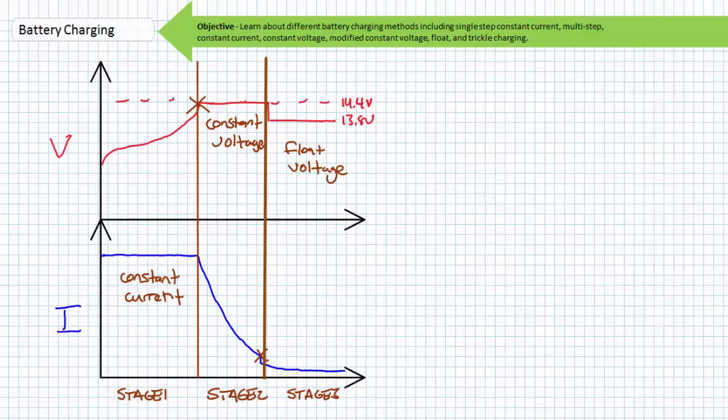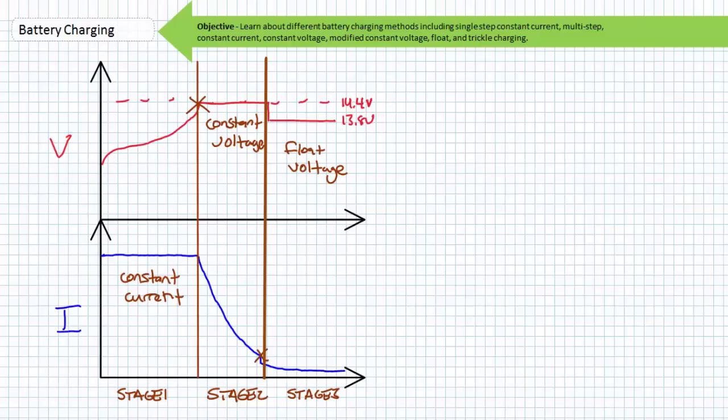Again, the modified constant voltage or fast charging method is characterized by 3 recognizable stages and 2 set points defining the transition between stages. First, a constant current stage where charge current is limited to the maximum amount allowable by the battery manufacturer. The battery voltage rises during this stage until it reaches the gassing voltage.